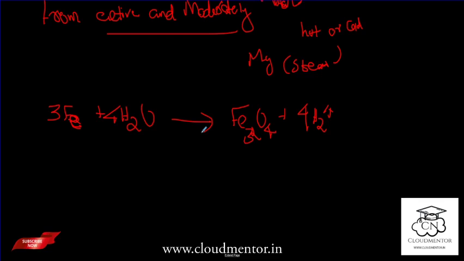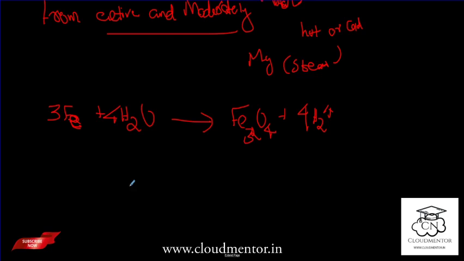Besides the above metals, like magnesium, iron or zinc, elements like tin or aluminum also give similar reactions, but not with water. They give such reactions when they react with dilute acid solutions.